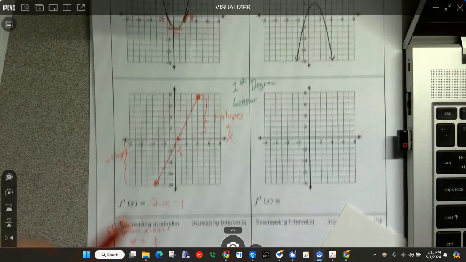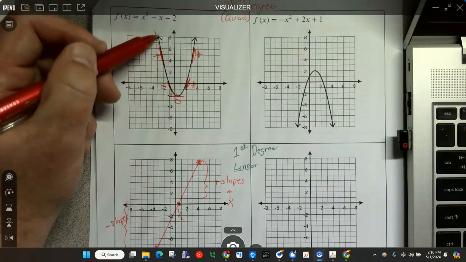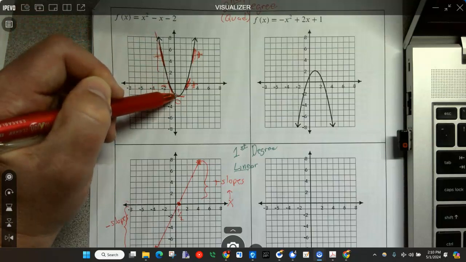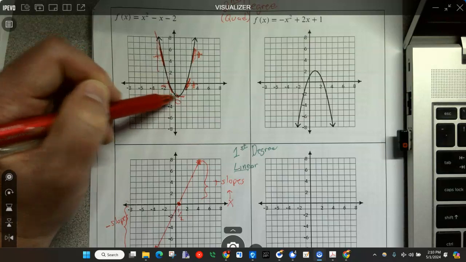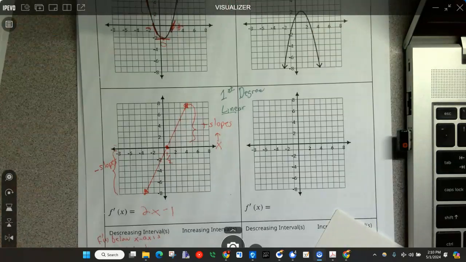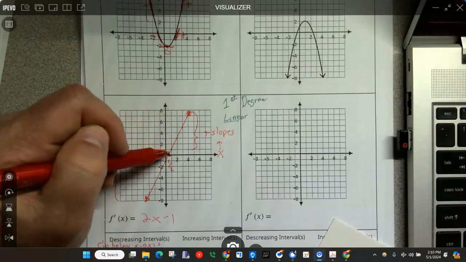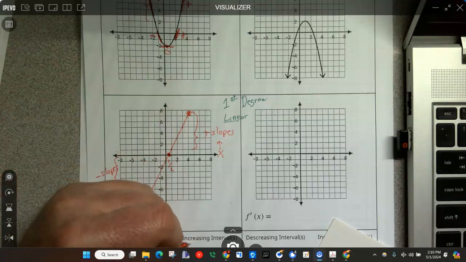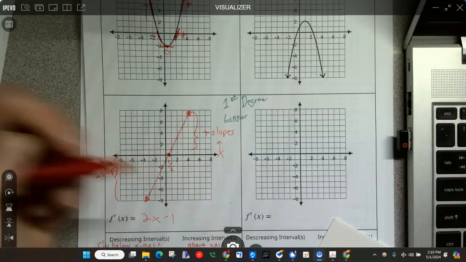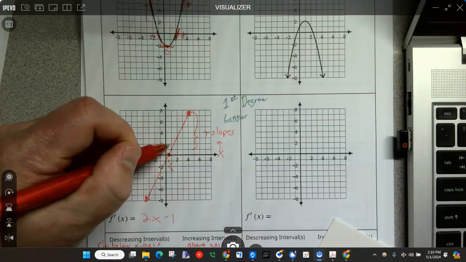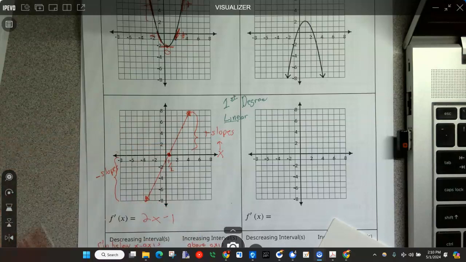And we can get this answer right here as well. We can see it's going down, down, down, down. We get to 1/2. It's not going down any further. So at 1/2 or less than, or to the left of 1/2, it's decreasing. Then it hits 0, and then right here, that's when it's increasing. It's above the x-axis. All right, so where is it above the x-axis? From 1/2 as you get bigger.